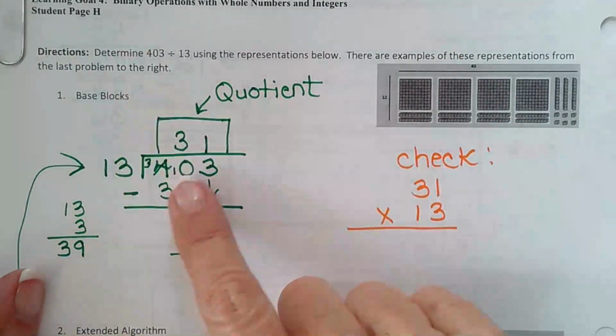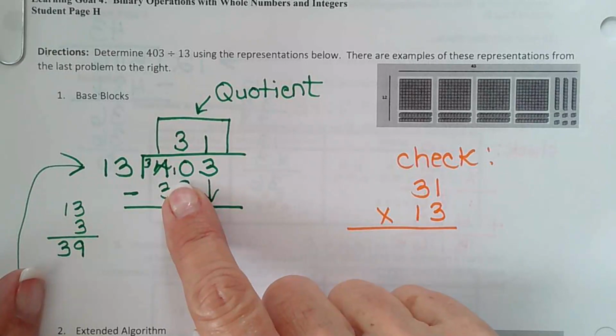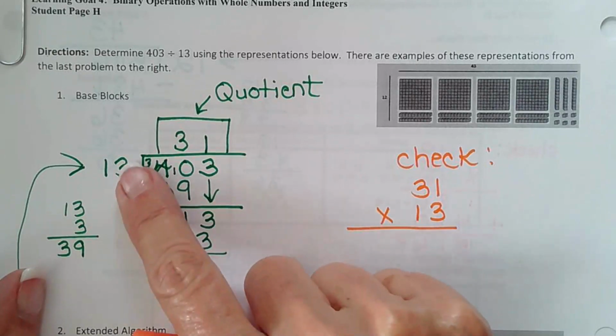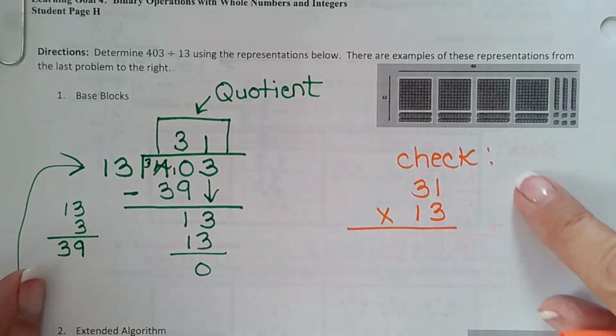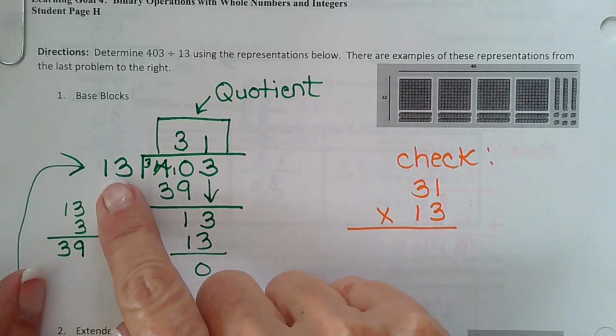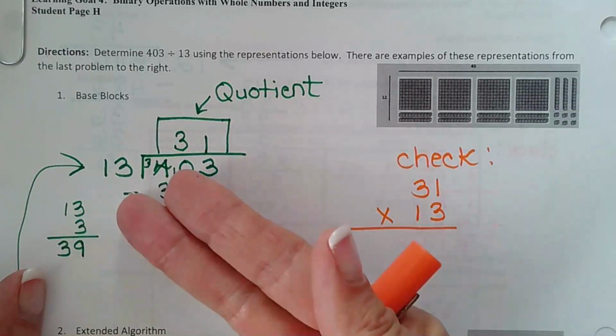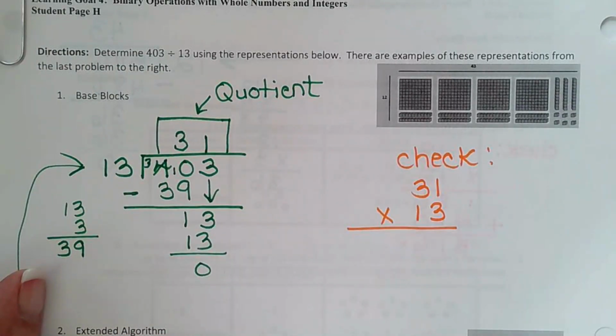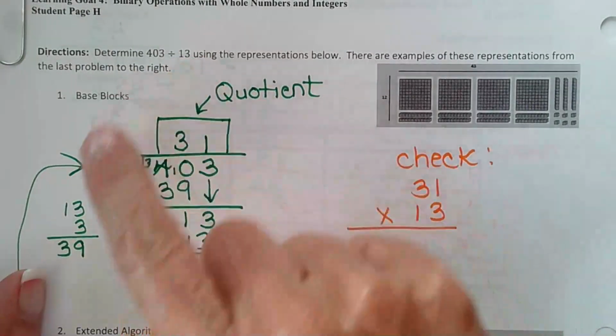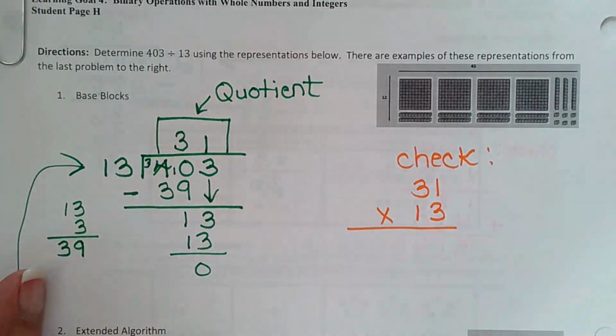And the first number is what becomes the dividend. It's underneath the division. But when we go to multiply, it doesn't matter whether I do 13 times 31 or 31 times 13, because multiplication order doesn't matter. In division, it does. So the second number is always the divisor outside.